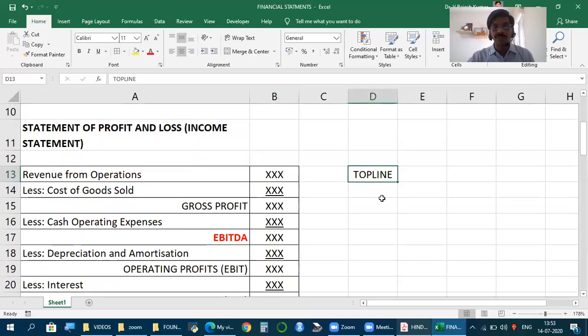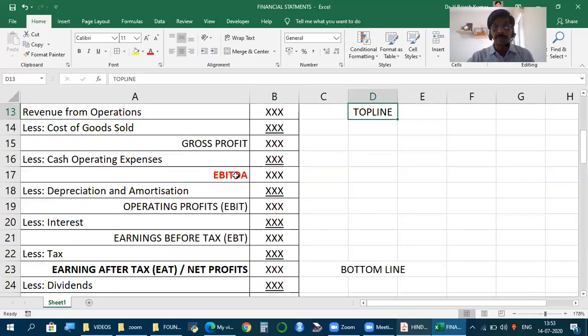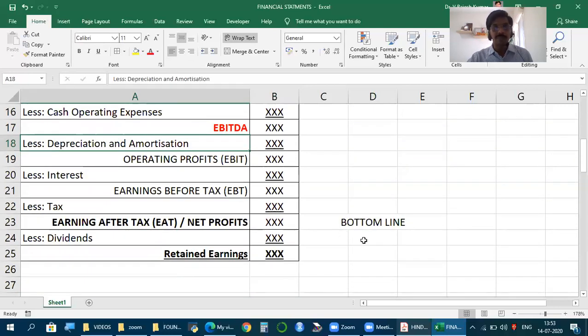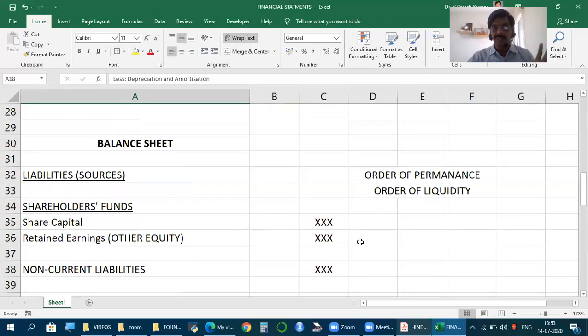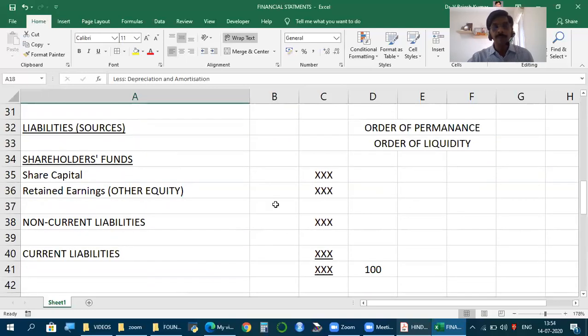Be aware of the terms top line, bottom line, EBITDA, the meaning of depreciation, all these simple terms, but know the correct meaning, what is the purpose and what is the order in which we should present. The balance sheet is a statement showing details of liabilities and assets, what those are we know, and how we should present it is the same as how we find it in the annual report, that doesn't make much difference.